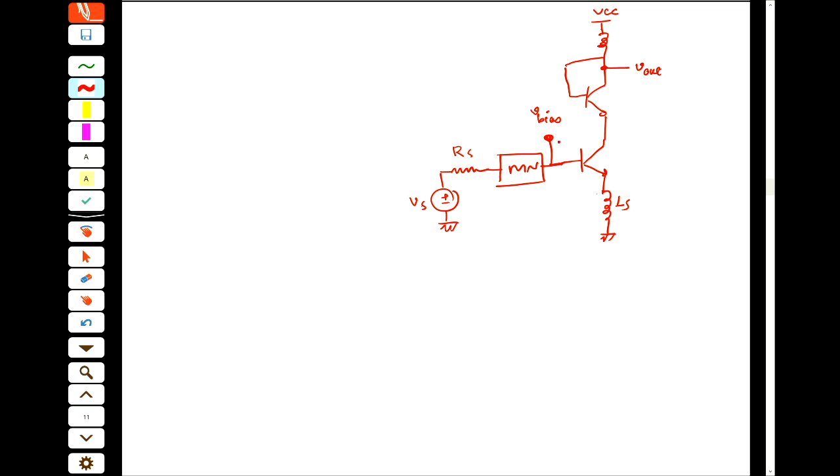So again here, to isolate the biasing from your DC power supply, we use the RF choke, here also we use the RF choke.